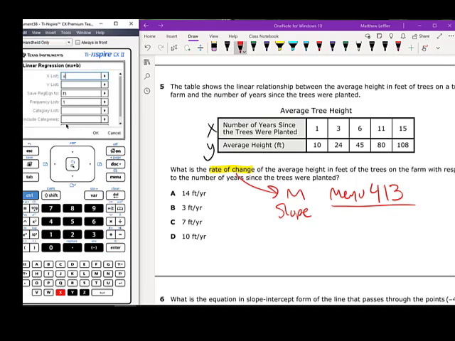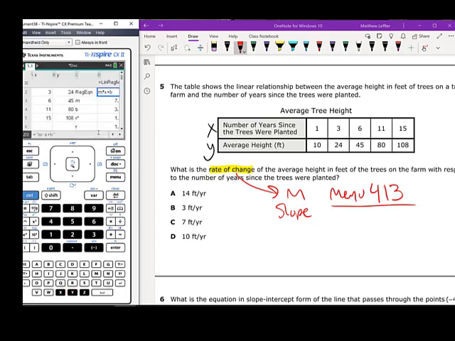X list, always put your X. Y list, you always put your Y, and you click OK. So my slope is 7, and my y-intercept is 3, so my rate of change would be a positive 7.